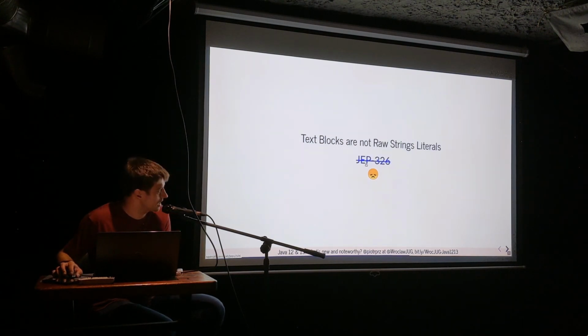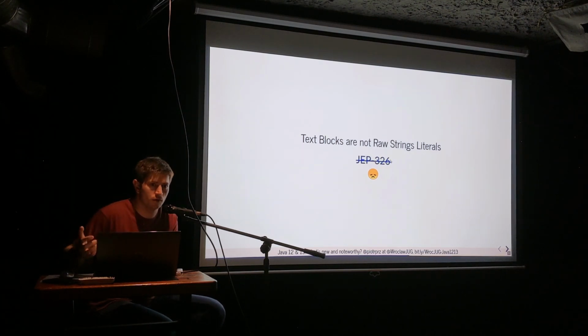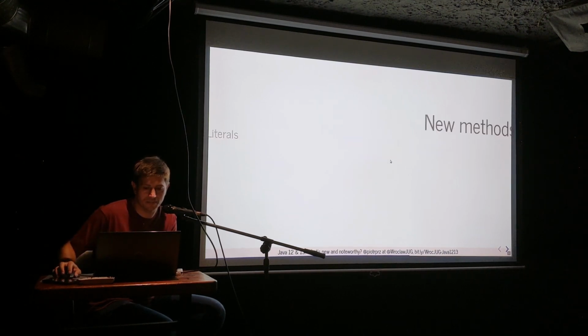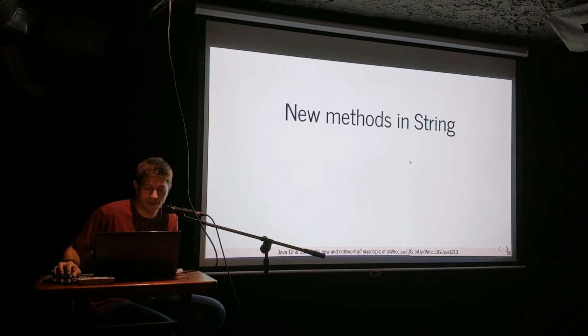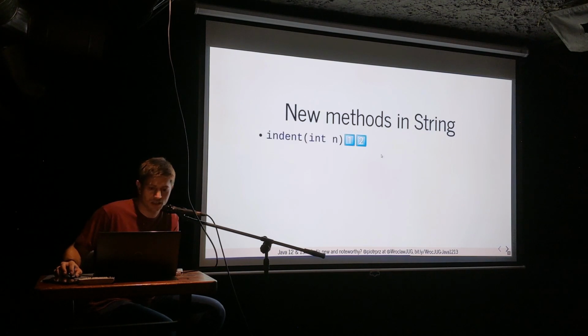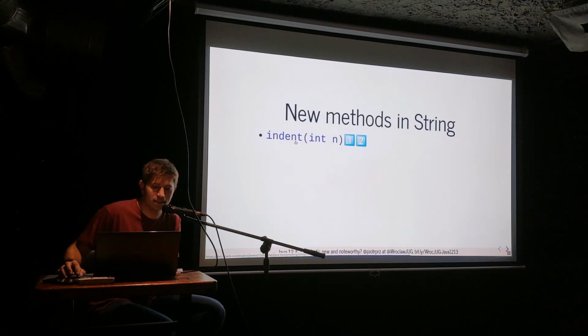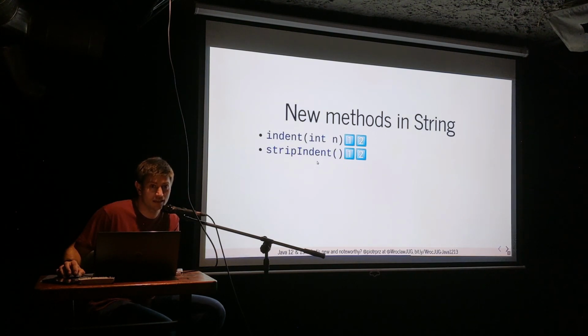However, some say that raw strings were not abandoned, but only withdrawn. So they're still on the table and might enter the game later. There are also new methods in strings. We can indent our strings with a given number of spaces since Java 12, or we can strip this indent just the way the compiler does.